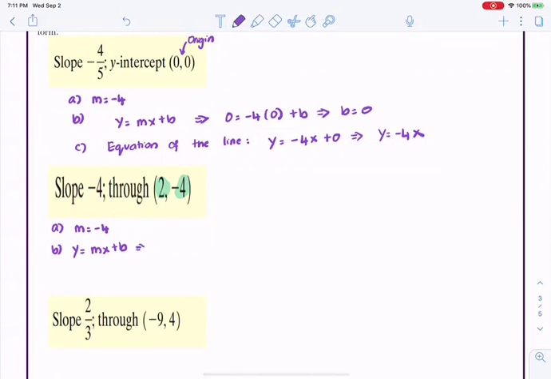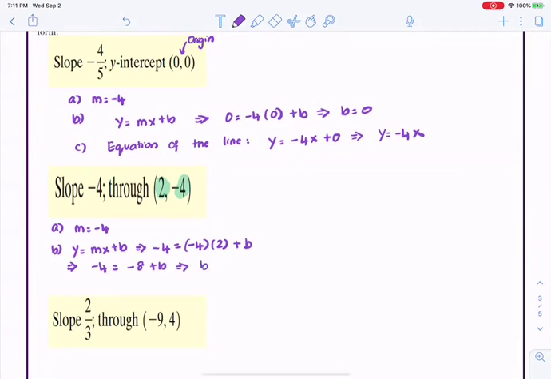So when x is 2, y is -4. So -4 is equal to the slope, -4. The x value is 2 plus b. -4 would equal -8 plus b.